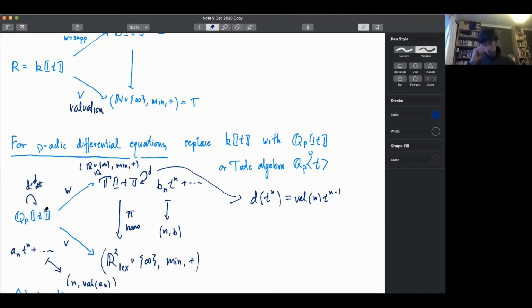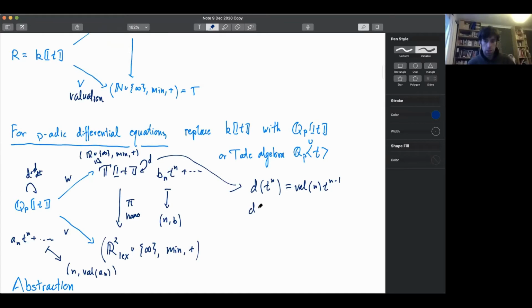Okay, now W intertwines the two differentials. So D composed with W equals W composed with D. That's good. But what's a little bit unsettling is that this particular differential has to satisfy this rule if W is going to intertwine the two differentials.